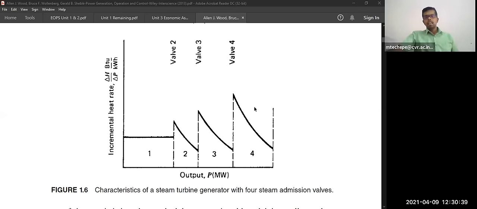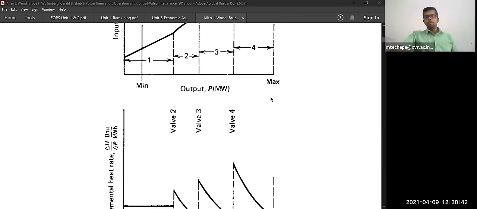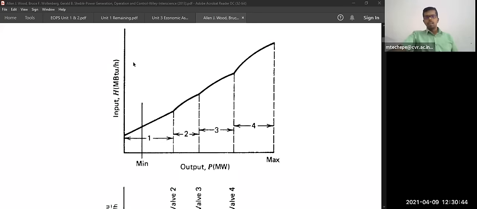But practically, due to the power demand, because the generator is directly coupled with the bus system, our loads will be connected to the bus. So suddenly there will be a rise in the power demand, and in that case the valve will be opened fully.